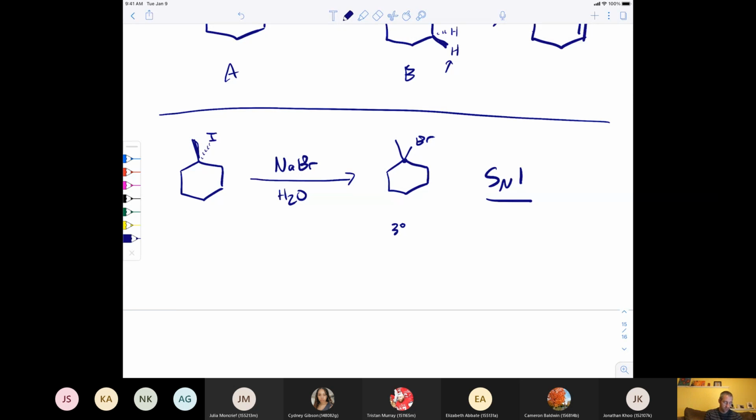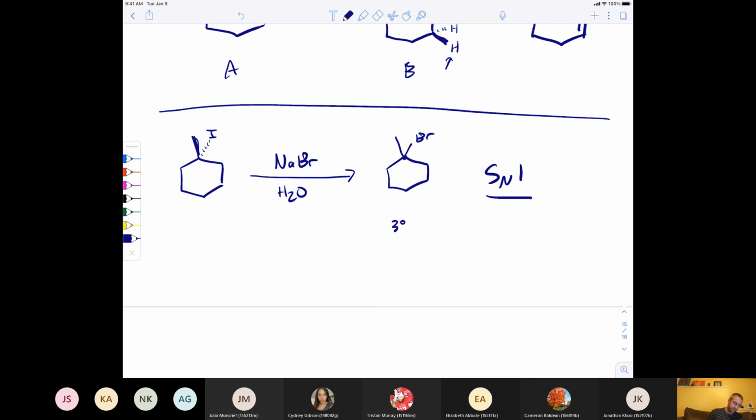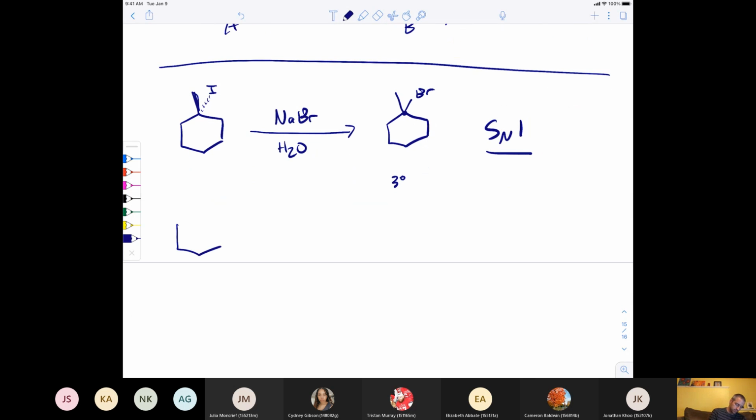So we're doing a substitution. We're substituting the iodide for the bromine. That's not the only possibility. You could have Cl instead. Keep in mind that's not a chiral center, so we don't have to worry about R and S.